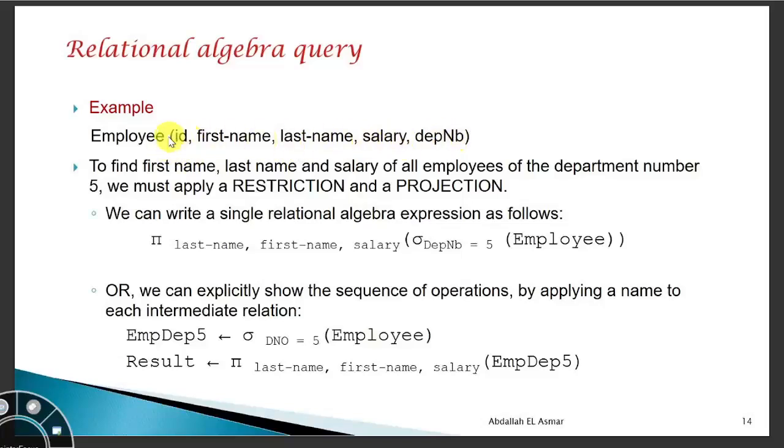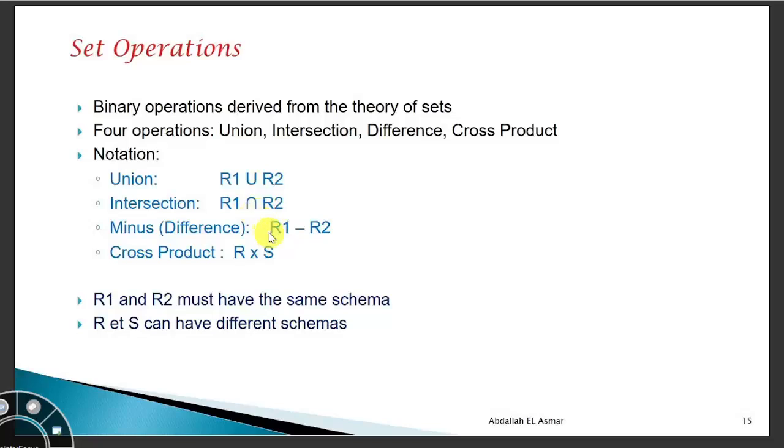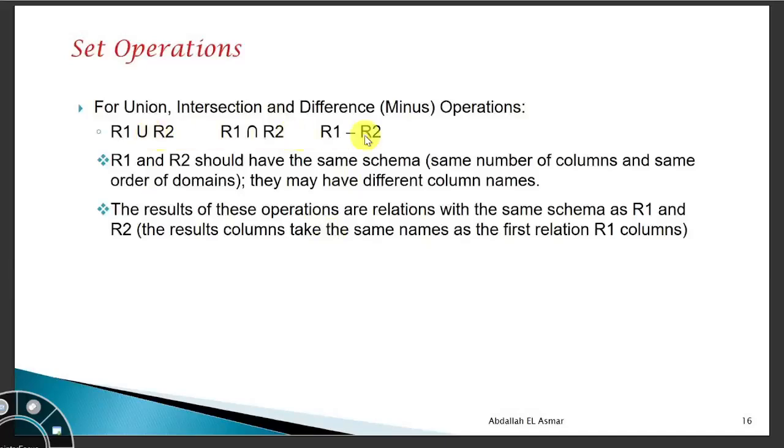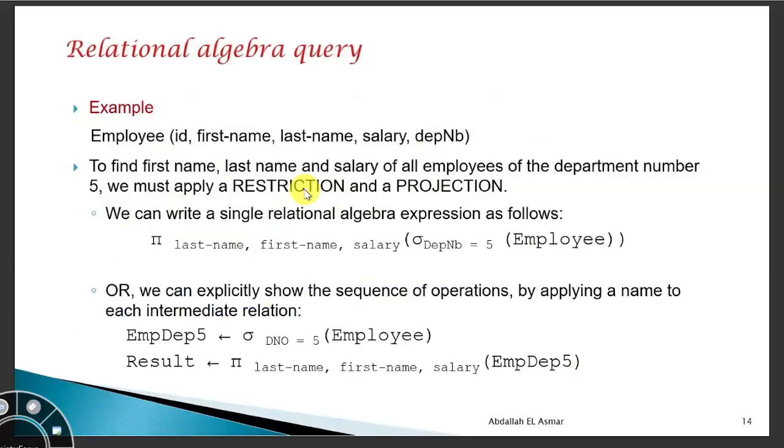To do intersection, union, or R1 minus R2, R1 and R2 should have the same relation schema. The column names might be F name or L name or family name, but the most important thing is to have the same order of data types. It means that the first one is integer, the second is varchar, then varchar, number, number.